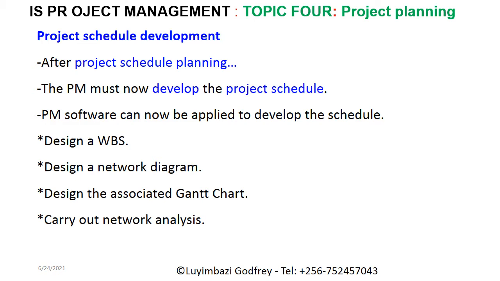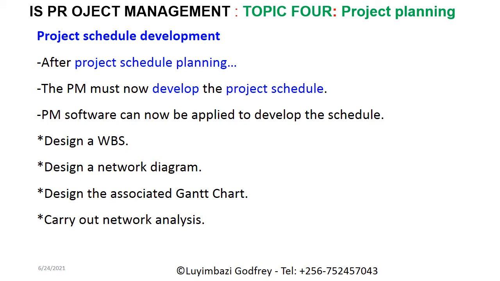You can also show the milestone markers on your Gantt chart, and you can also show the link lines. These link lines help us to link various tasks together. Remember, we talked about task dependencies: start to finish, finish to start, and so on. Now, Taylor and Gantt have greatly contributed to operations management by their ideas. They have therefore helped project management to become a distinct business function as we have it today.